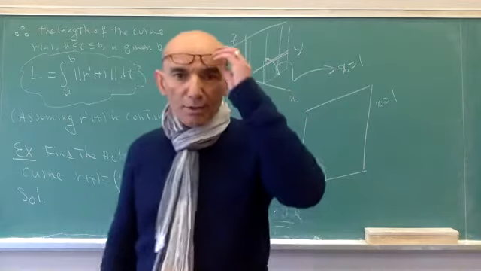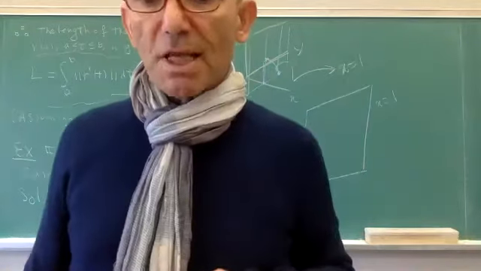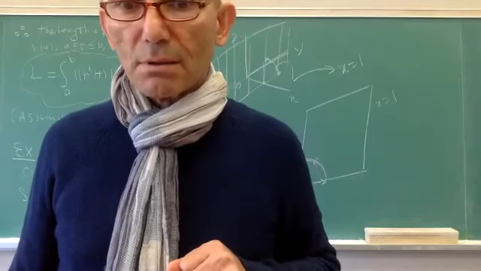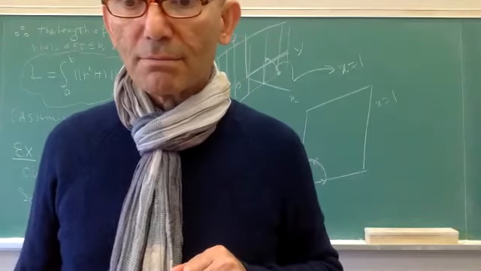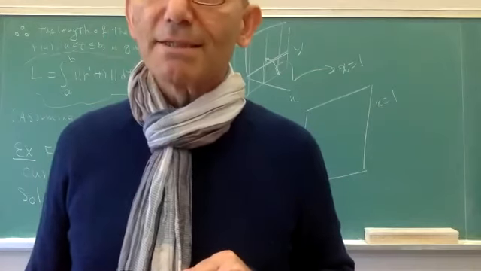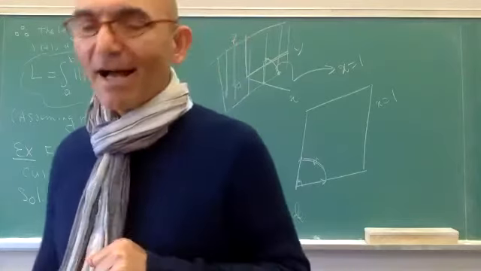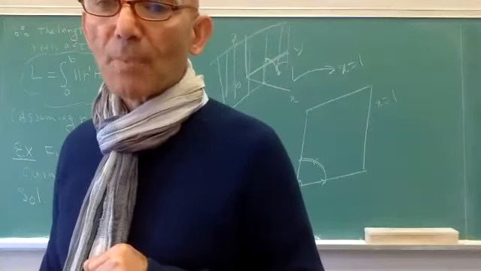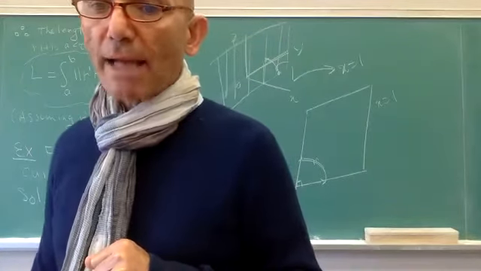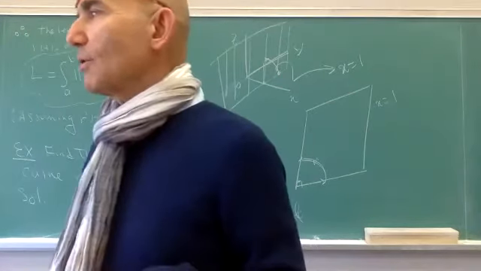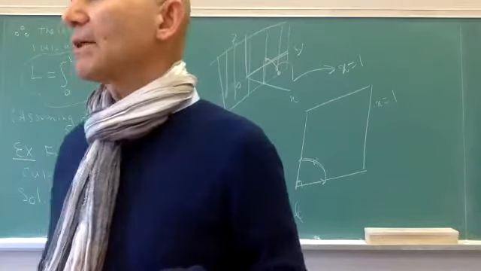Now I noticed there was a mistake in one of the answers. Yeah, okay. The mistake is still there. I'm glad that it still is there. The answer was that the magnitude of r prime of t is always equal to root 5.